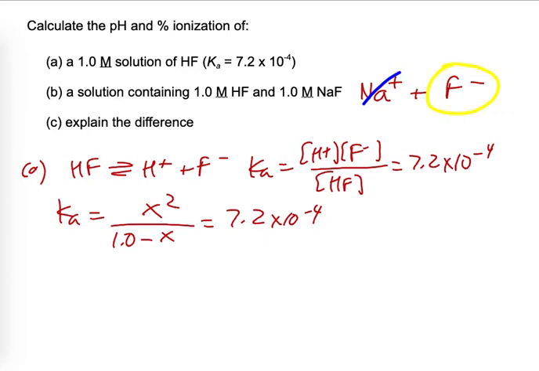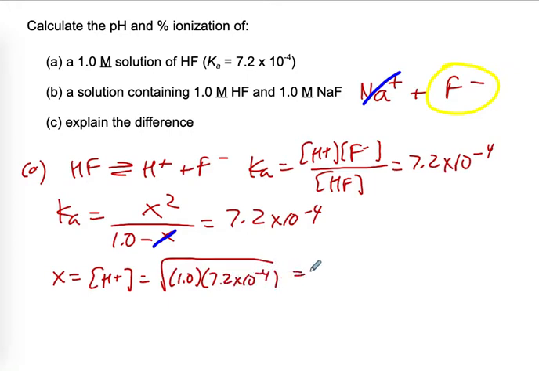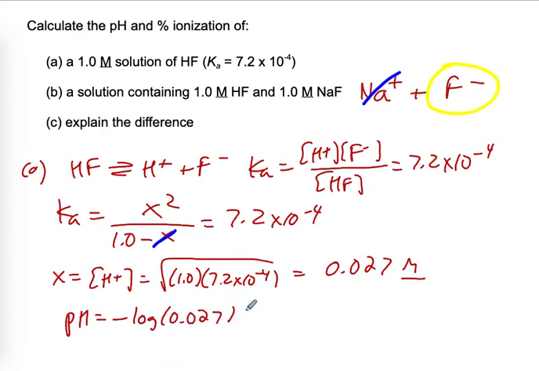We will, of course, make the simplifying approximation, which leads to x, the hydrogen ion concentration, being the square root of the initial concentration of hydrofluoric acid times Ka, or 0.027 molar. My pH is the negative base 10 logarithm of 0.027, or 1.57.